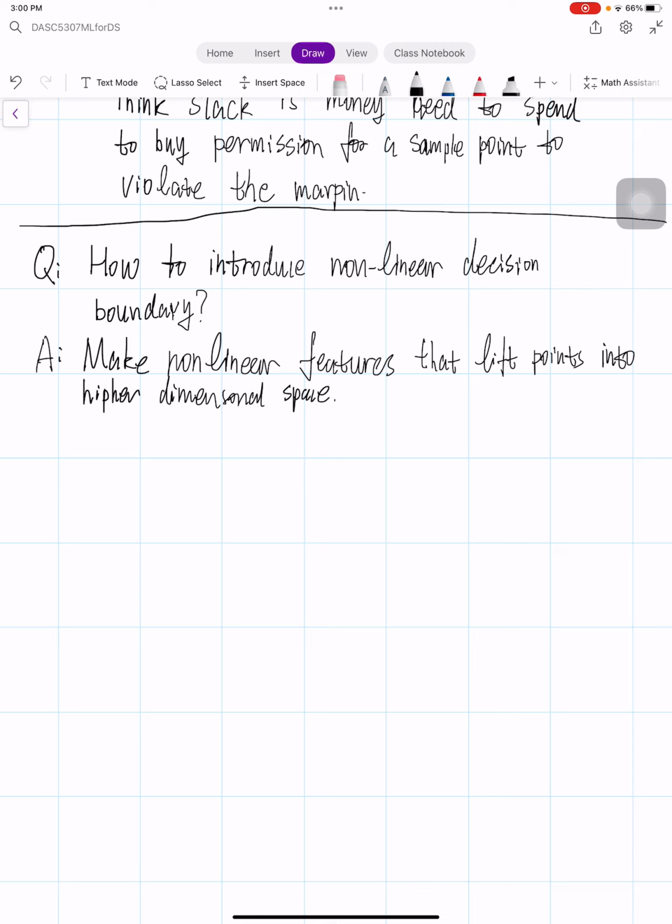And in the higher dimensional space, it's a linear case. When we project to the lower feature space, it gives us a nonlinear classifier.